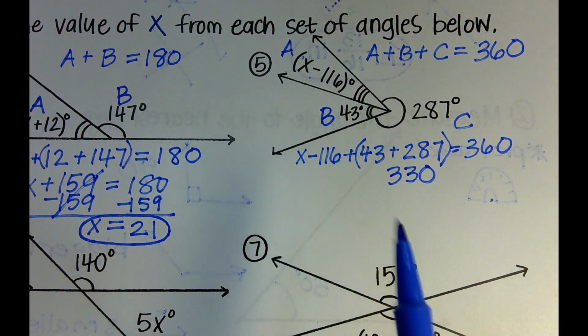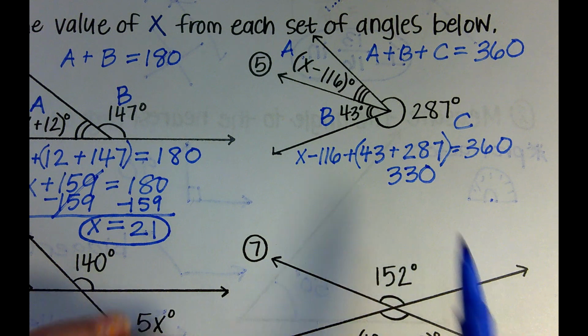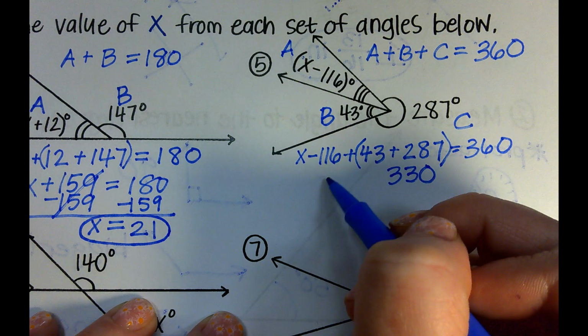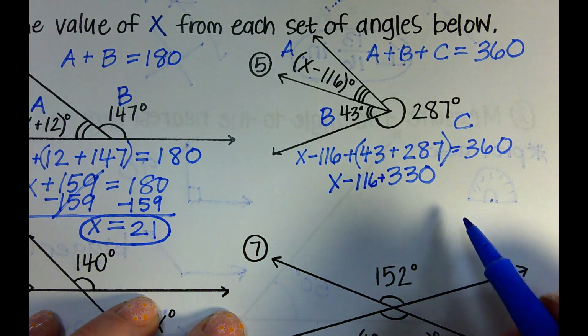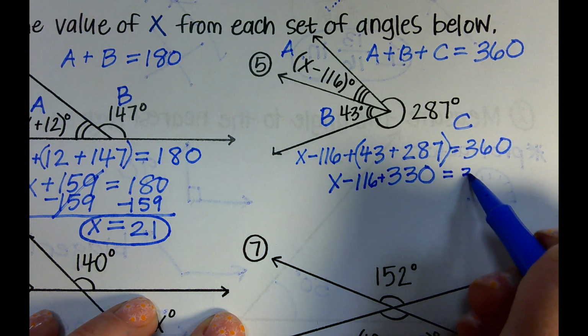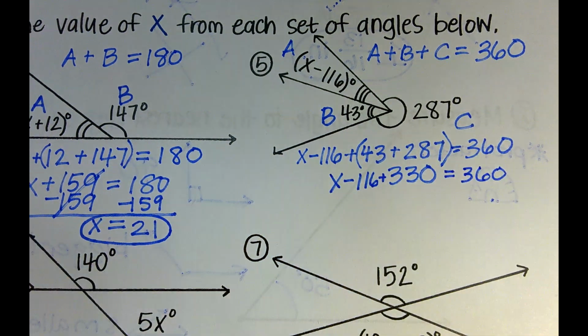And what else do we have? X minus 116. Yeah, we still have X minus 116 plus 330 equals 360. Okay, what else do we need to combine?